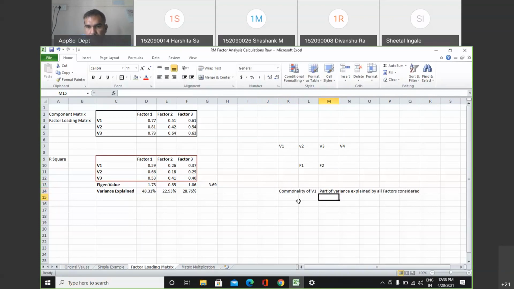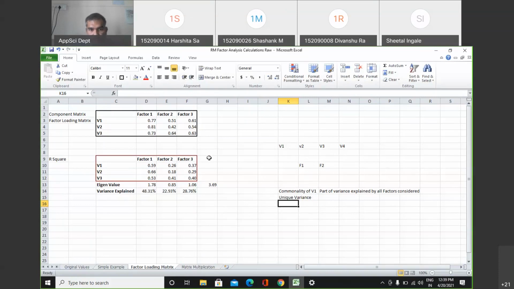Commonality becomes a very important term in factor analysis. This is also called common variance. And the other part, which is not explained by F1 and F2, is called unique variance. Similarly, there will be commonality of V2 or common variance of V2 and unique variance of V2, which is not explained by F1 and F2.